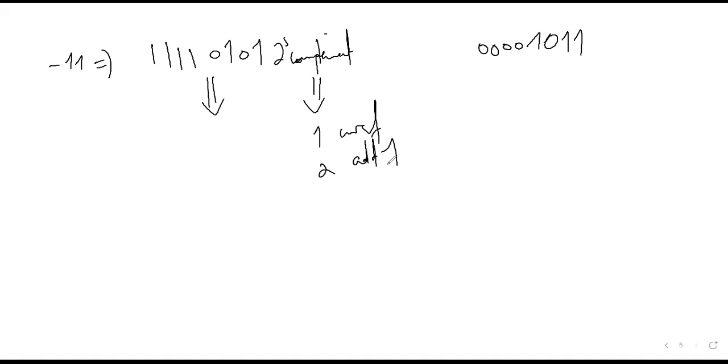Is it correct? 0, 0, 0, 0, 1, 0, 1, 0. We subtract the 1. What is the 2's complement of this? Now let me see. Just a minute. This is wrong. We subtract the 1 from this one.